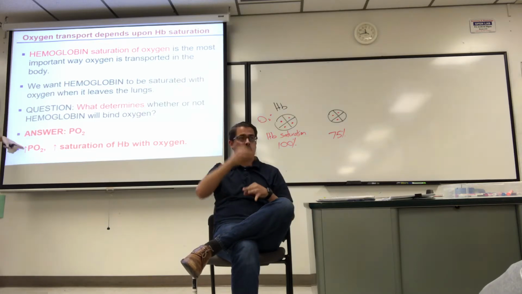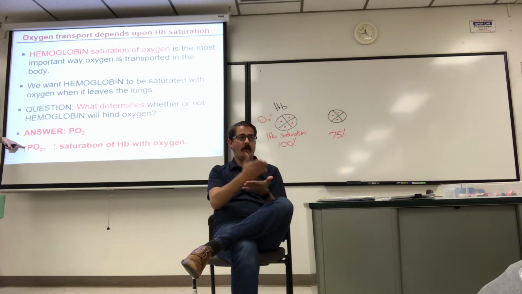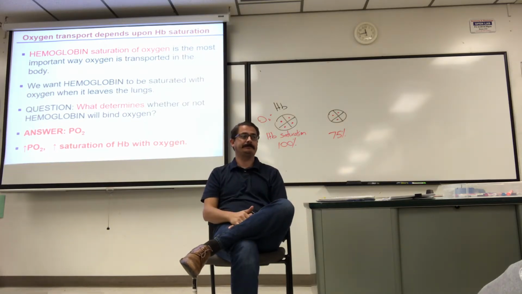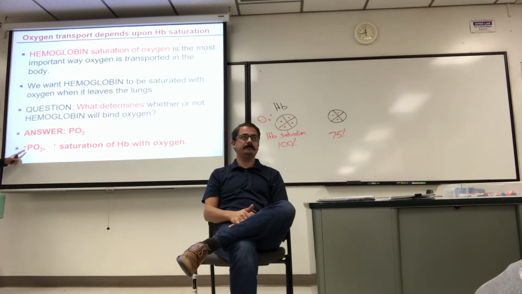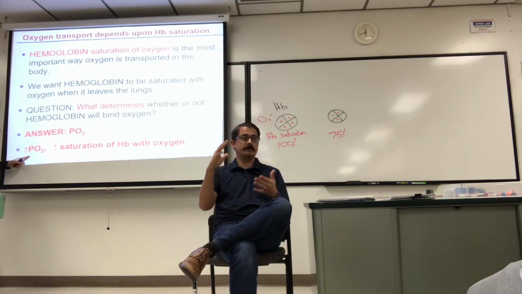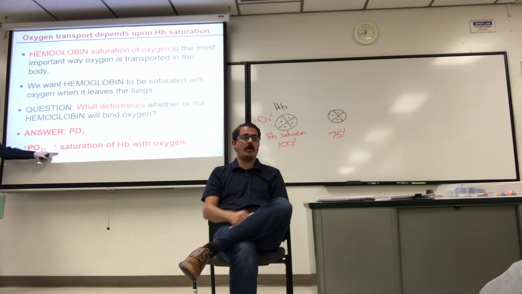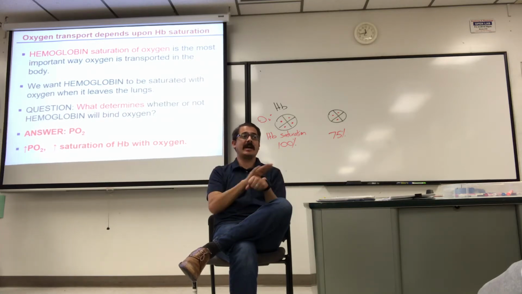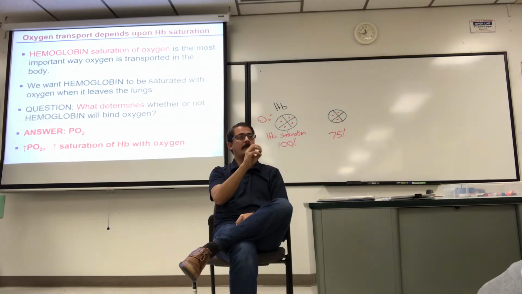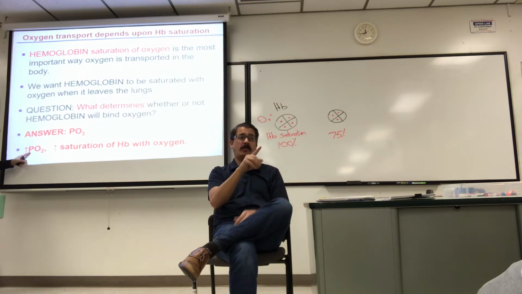It actually is the PO2, the dissolved part. The PO2 determines the saturation. Okay, so we want the oxygen tension to be high, 104. That increases the saturation of hemoglobin. It's actually a near 100% saturation if the PO2 is high enough in the alveolar area.